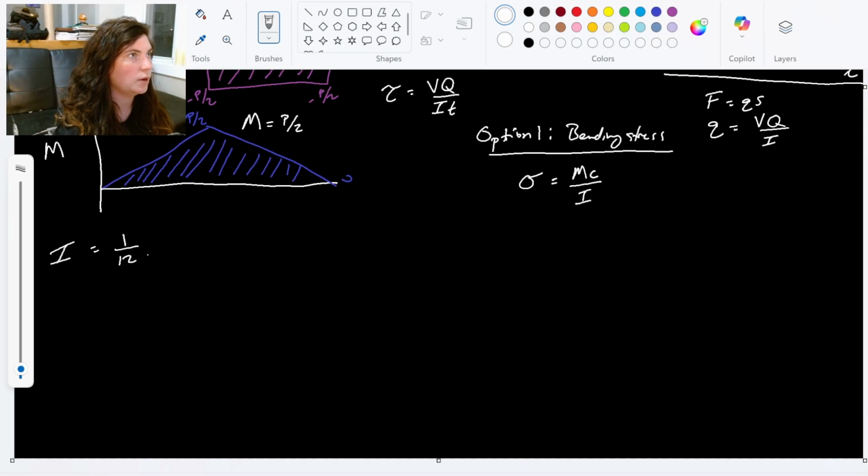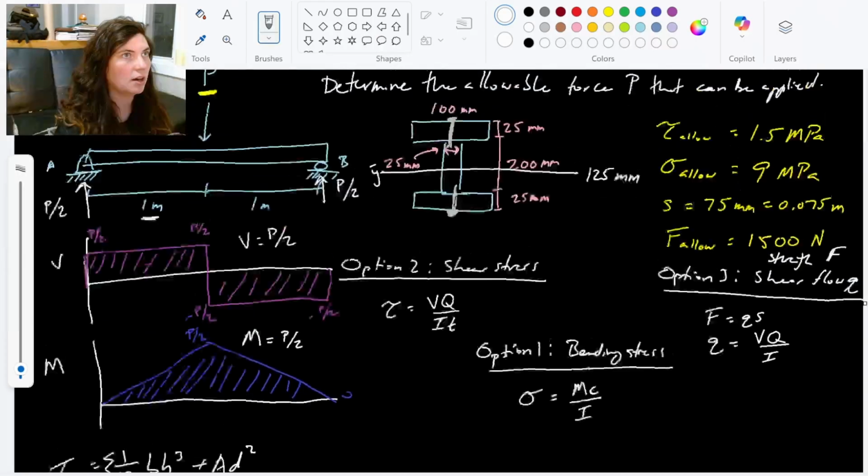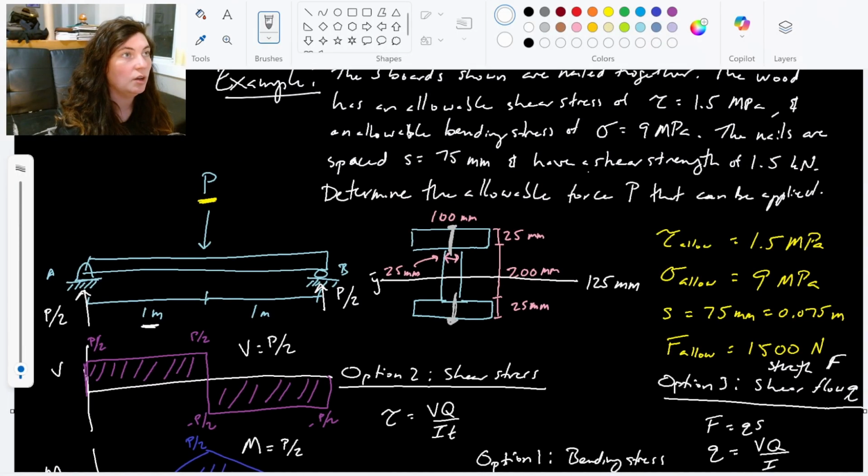It's 1/12 base height cubed plus AD squared, sum of each of those for every rectangle. But we notice the top rectangle and the bottom rectangle are the same, and they're equidistant from the center. So we can actually just find it for one and then multiply it by 2. We have 2 of the exact same boards on top and bottom.